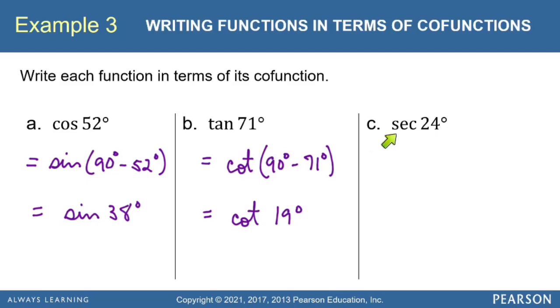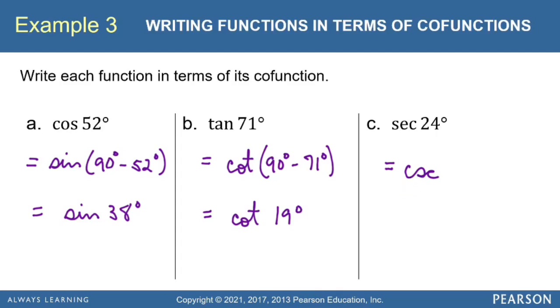And then for part C, we want to rewrite the secant of 24 degrees in terms of its cofunction. So for secant, the cofunction will be cosecant. You're always either putting the prefix co onto a function or you're taking it off. If you want to switch between cofunctions, you either add the co or you remove the co. So for secant, the cofunction is cosecant.